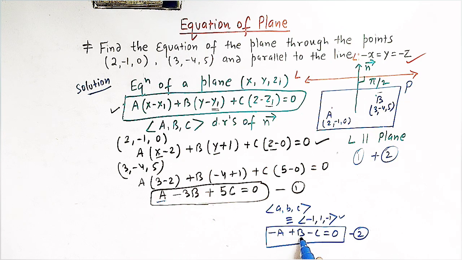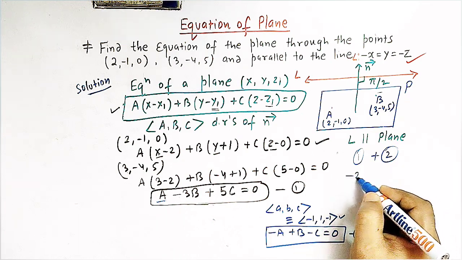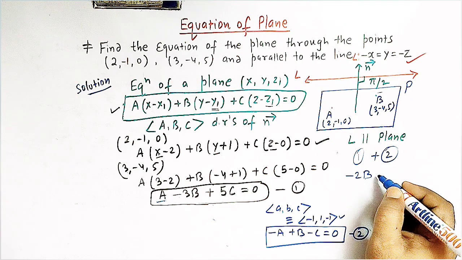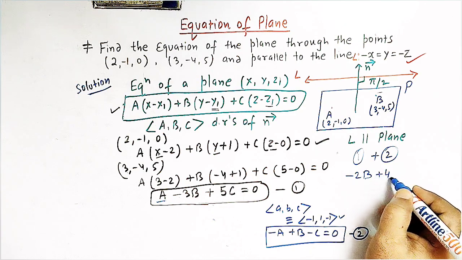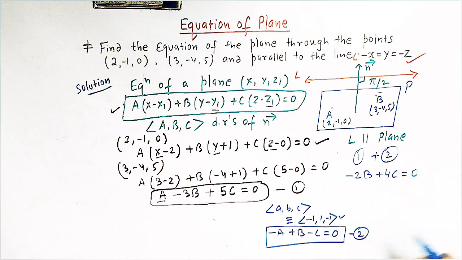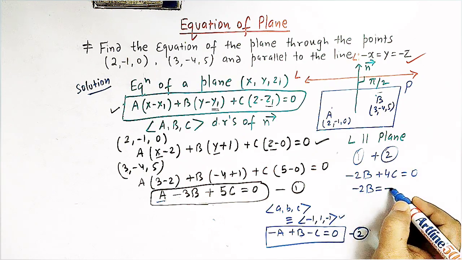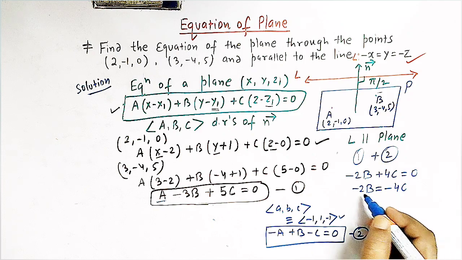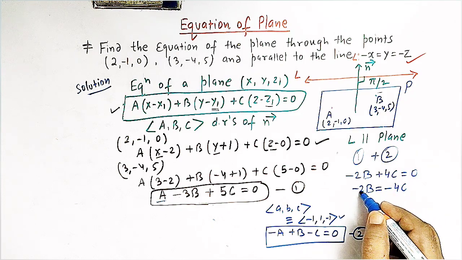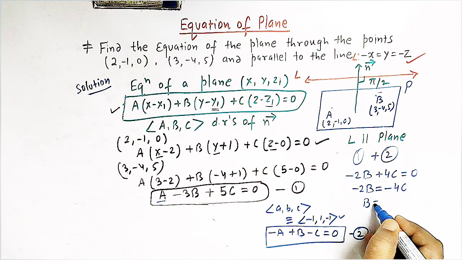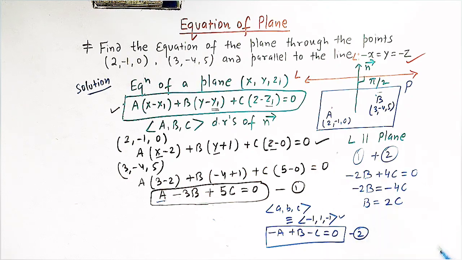Minus 3b plus b is minus 2b, and 5c minus c is equal to 4c, and this is equal to 0, right? So we can now write minus 2b is equal to minus 4c, and cancelling minus 2 and minus 4, here we have b, and here we have 2c.